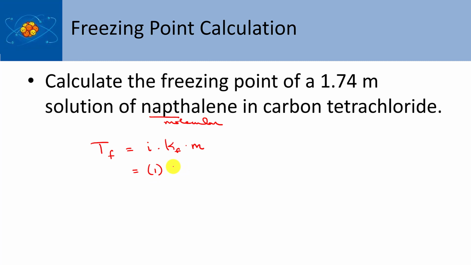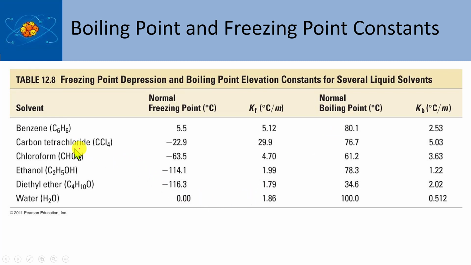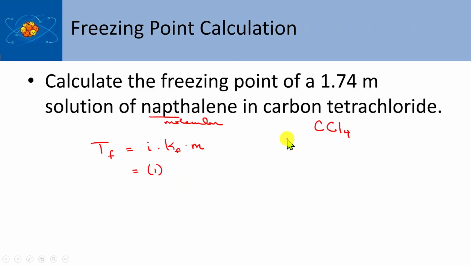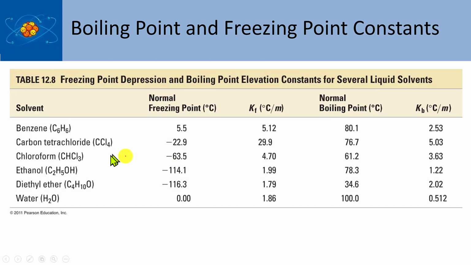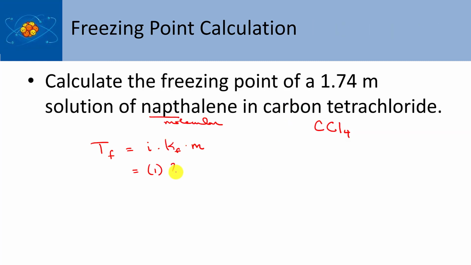And then Kf, we have to look up the freezing point depression constant for carbon tetrachloride, CCl4. We would look it up on our chart, and it has a freezing point depression constant of 29.9 degrees Celsius per molality unit.